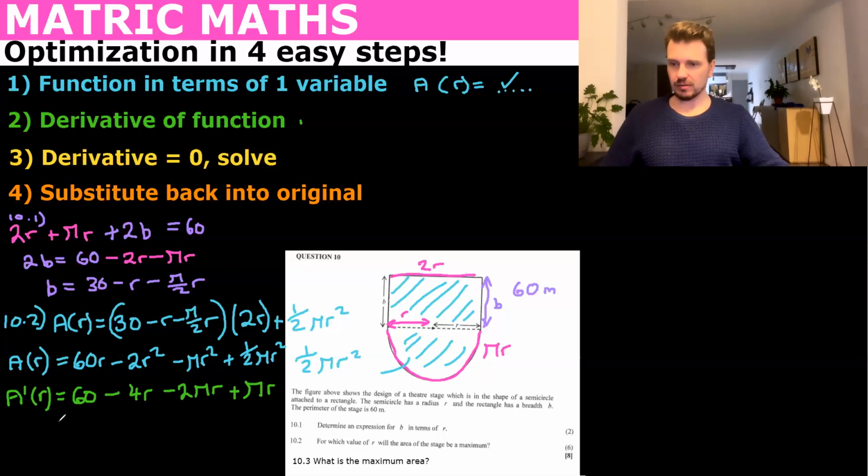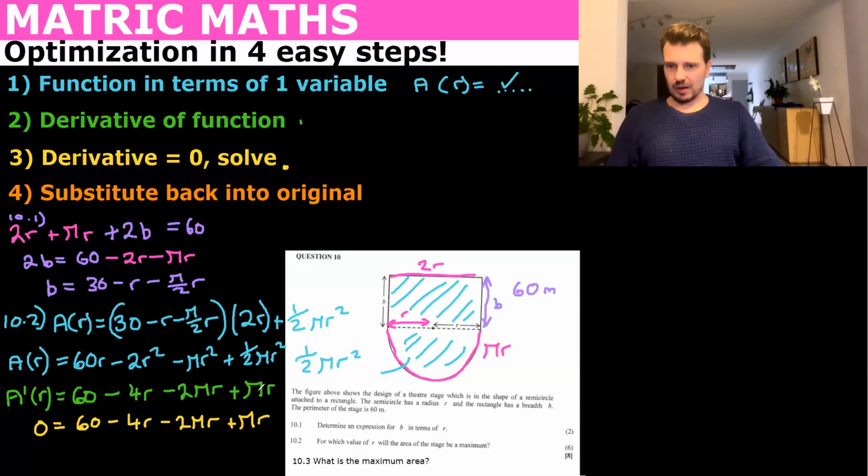Right, now what we can do is make this equal to 0. So we'll say 0, in yellow now, because we're making it equal to here. So 0 equals 60 minus 4r minus 2 pi r plus pi r.